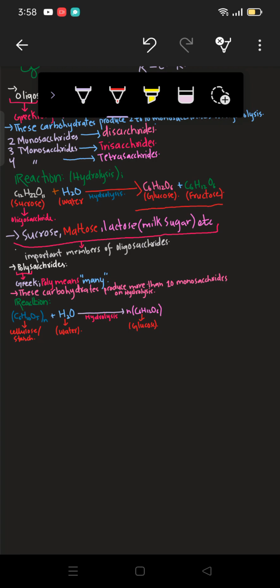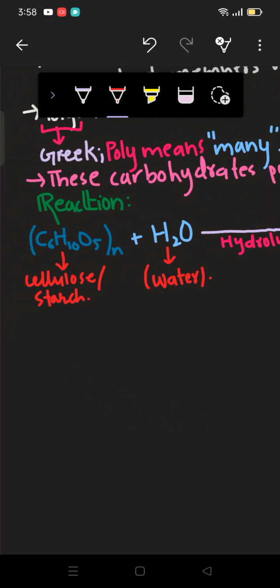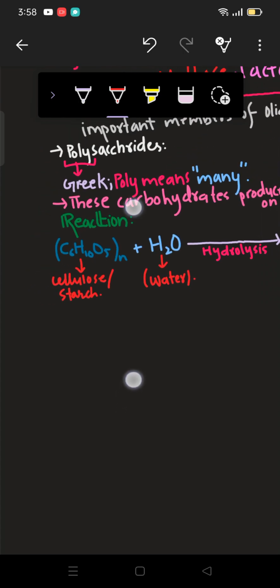Now we are going towards its sources, where it is present, or its applications, so that it is clearer to you where polysaccharides are found. Cellulose is a polysaccharide, we know that. Let me write that down.